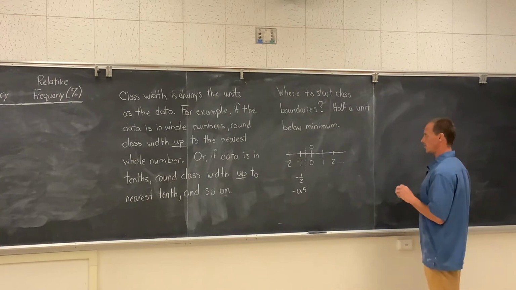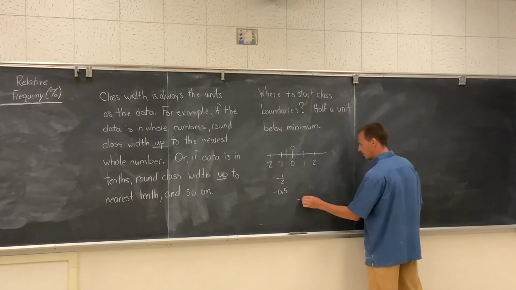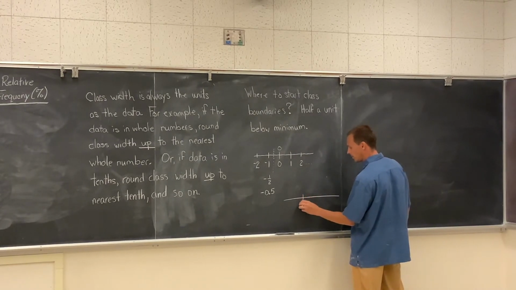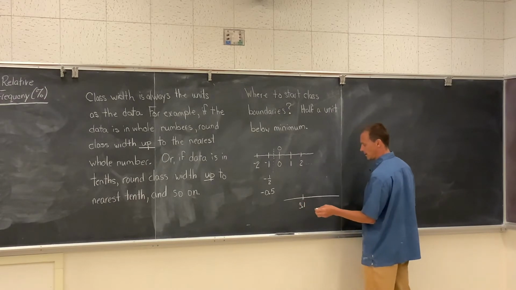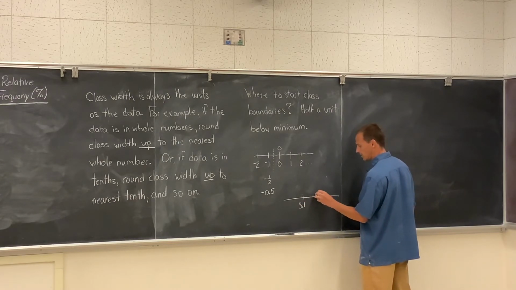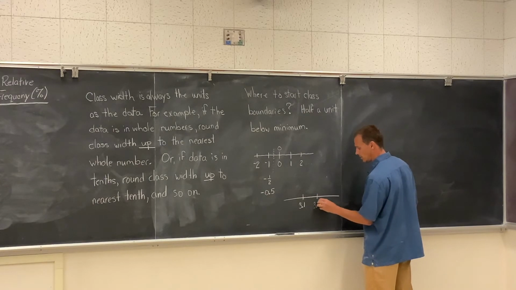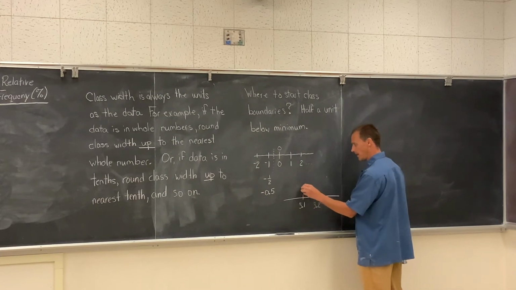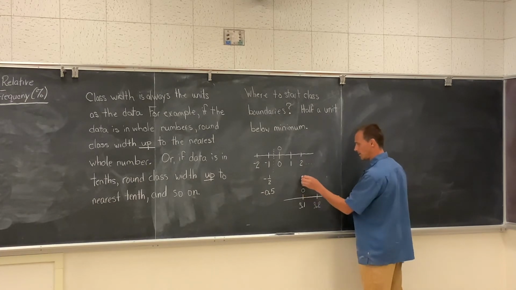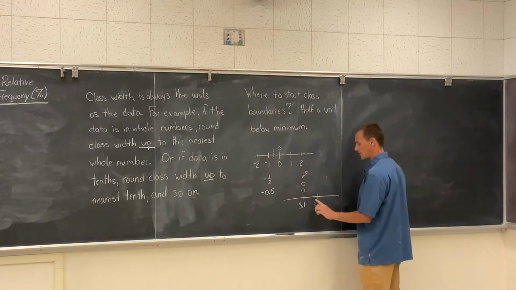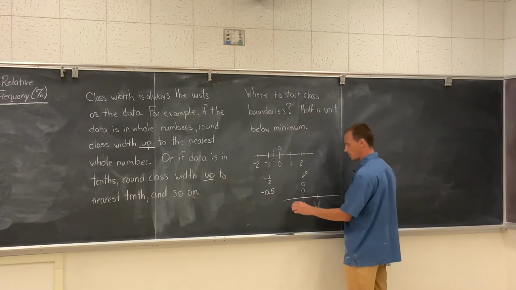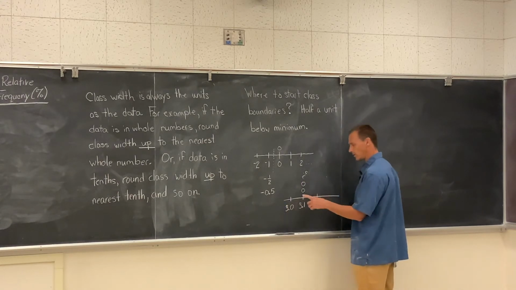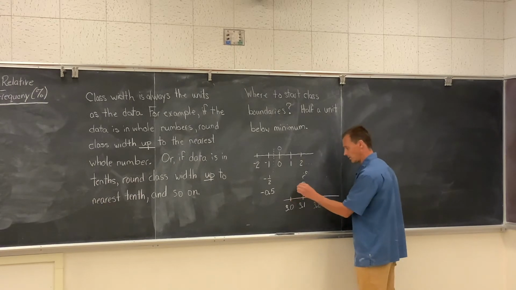What if these were in tenths? As another example, what if our data started at 3.1, and then after that it went to 3.2? In other words, our data was in tenths. If this was my minimum, then I would count backwards, 3.2, 3.1, 3.0, and again, I would split the difference between the units.